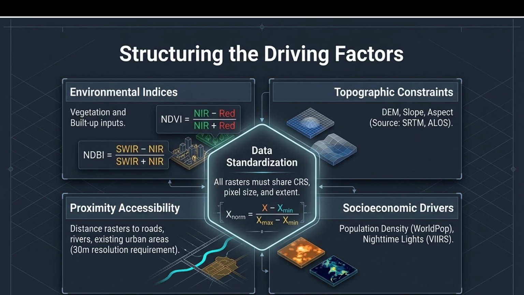And all rasters must share the same CRS, pixel size and extent. Suppose all TIFF files, all GeoTIFF or raster files must keep the same pixel size, same CRS, same extent. Everything must be kept the same. Otherwise it creates problems because the geometry does not match.